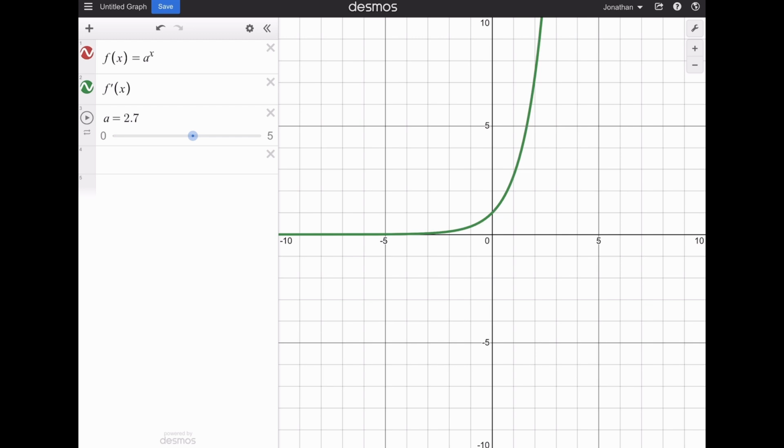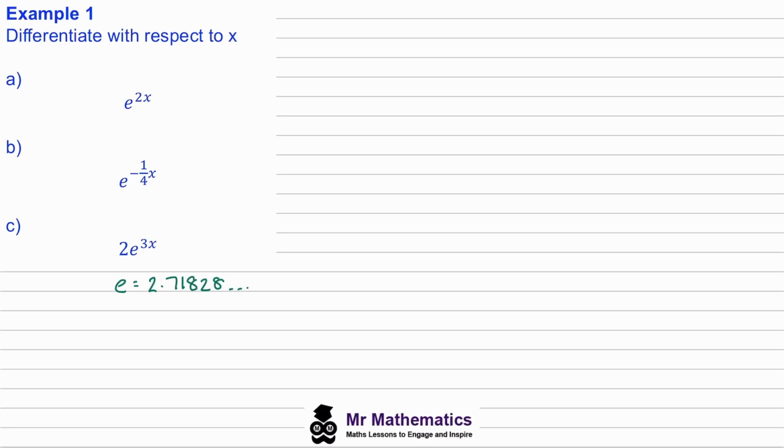And this is a very special property, where the derivative of a function is equal to that same function. This happens when you're raising approximately 2.7 to the power of x. Because this is such a special property, we call this a natural number. If we go back to our lesson, the actual value of that constant was 2.718, and we call this the constant e.